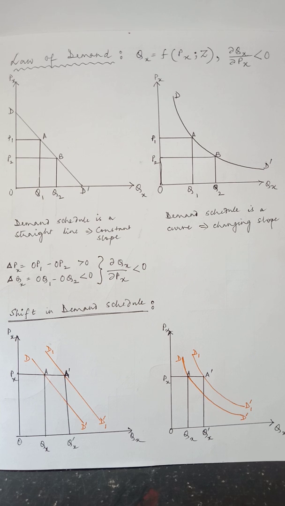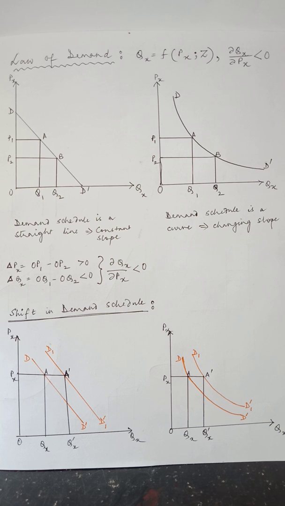If the price of substitute goods increases, then the demand schedule for this commodity will increase, that is, shift to the right. And so we can understand that whenever there is an increase in demand, the demand schedule will shift to the right hand side. And if there is a decrease in demand, then the demand schedule will shift to the left hand side.